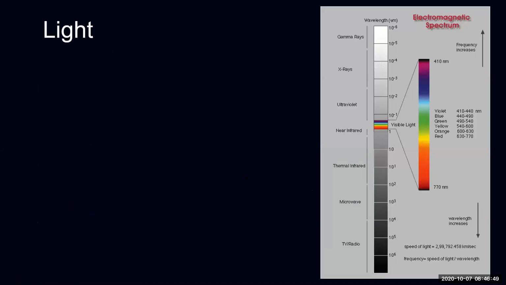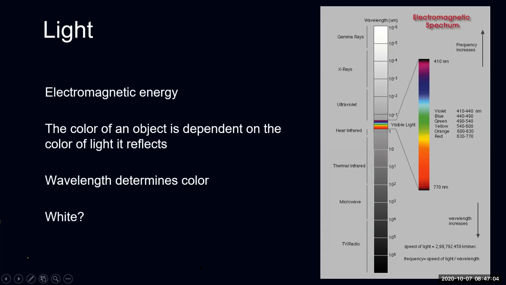Now, light. Light is part of the electromagnetic spectrum. If you look at the electromagnetic spectrum, it includes things like gamma rays, X-rays, cosmic rays, ultraviolet, microwaves, TV, radios. All of these are part of the electromagnetic spectrum.